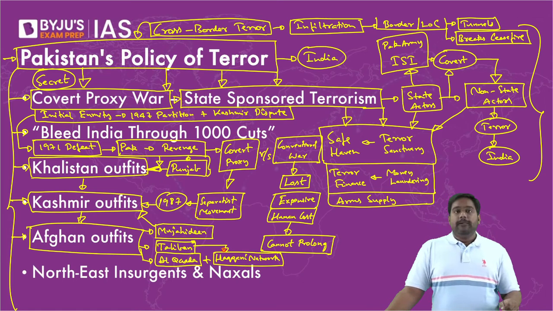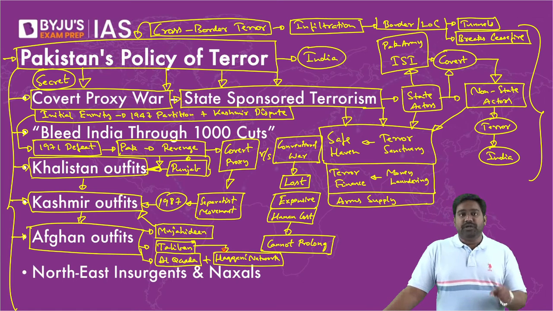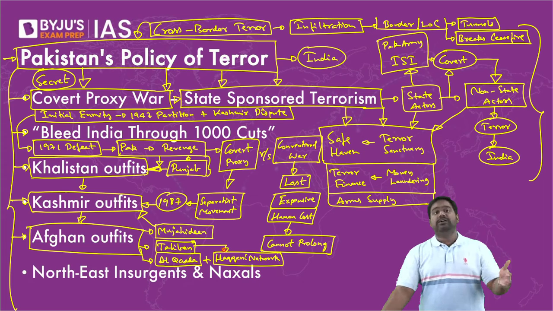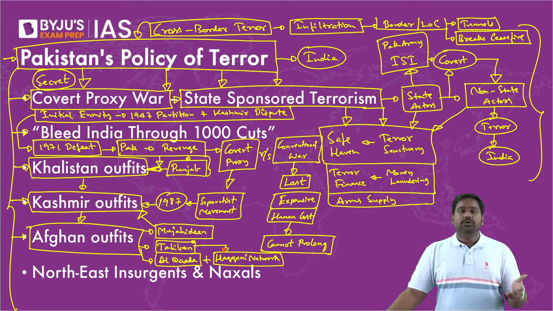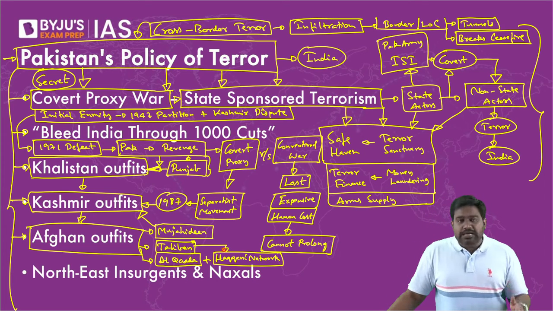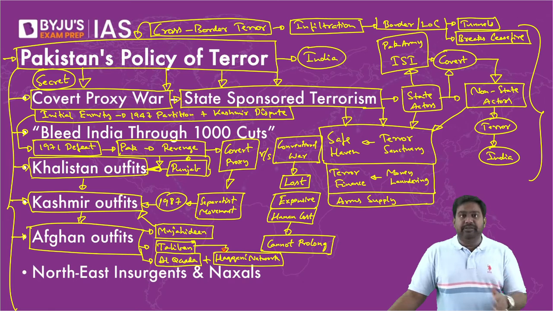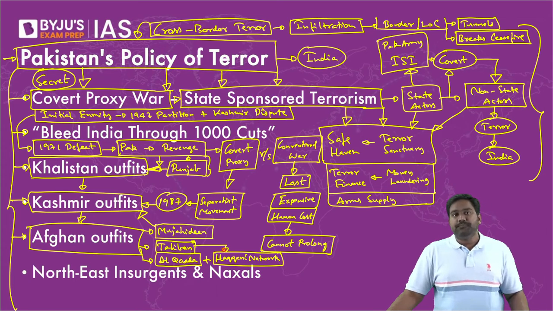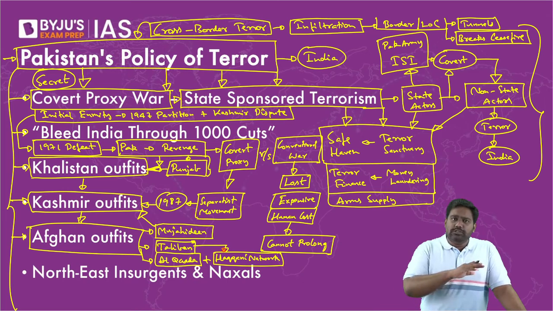So, like this, Pakistan has become the incubator of terror groups. Is that clear? If venture capitalists incubate startups and support new industries, Pakistan has been the incubator of terrorism. It has created a terror factory, nothing short of a terror factory. Is that clear? It has created all the facilities.